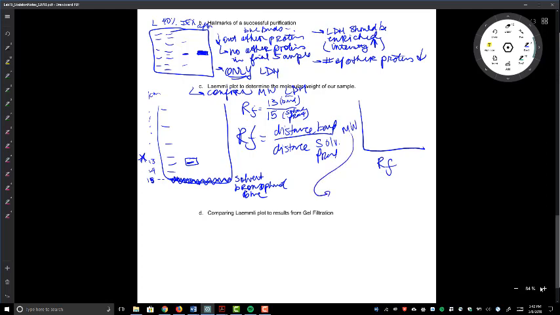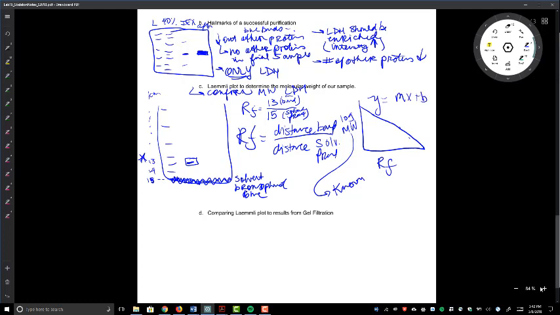You'll know the molecular weight of the proteins from a handout or a picture that we give you that'll list the molecular weight of each protein. Then we can graph the log of the molecular weight, and there will be a line. You can fit it linearly, so you'll get out a y equals mx plus b equation.